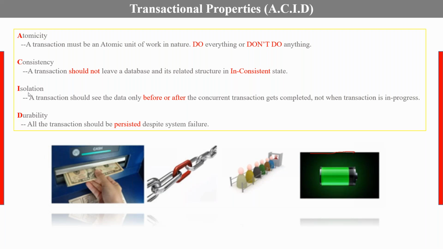So what is atomicity? A transaction must be an atomic unit of work: do everything or do nothing. A transaction is either fully committed or fully rolled back.